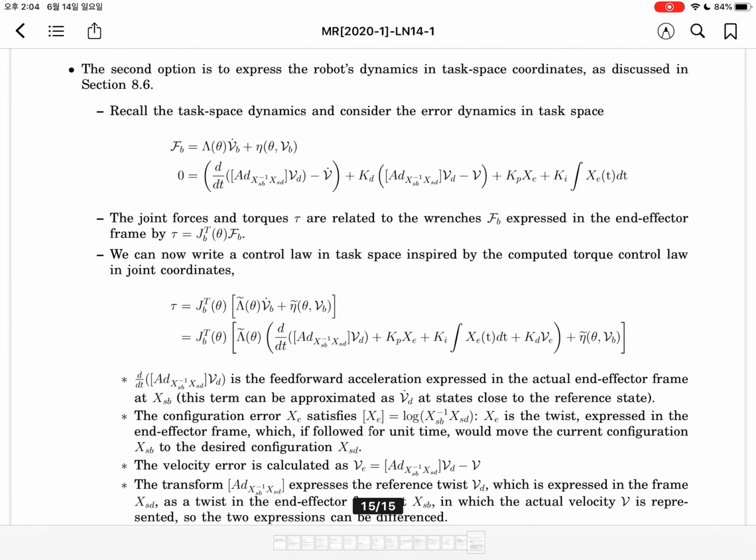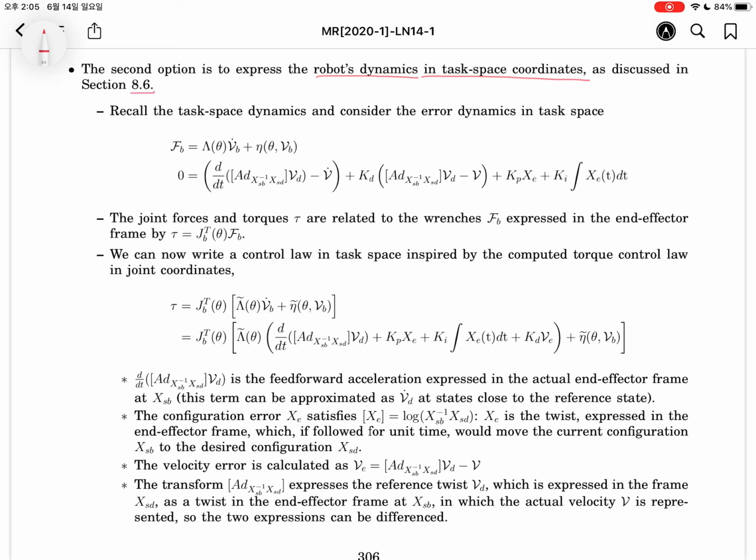On the other hand, we can write down the total controller in terms of task space variables. So the second option is to express robot dynamics in task space coordinates. Actually, we have obtained it in section 8.6.